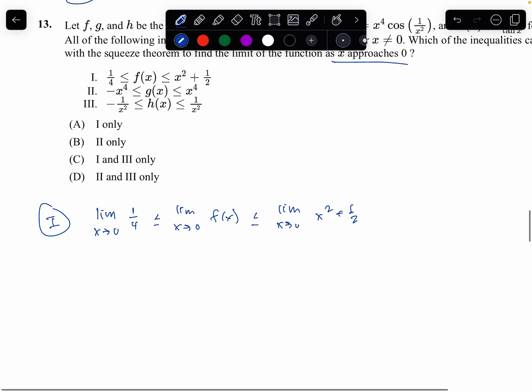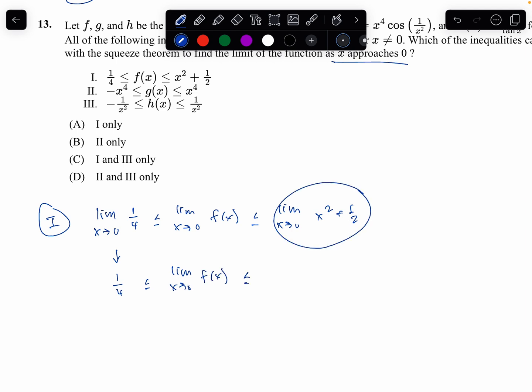So we know that this limit right here is 1/4. It has to be less than or equal to the limit as x approaches 0 of f of x, which has to be less than or equal to, I can evaluate this limit through substitution, that's going to be 1/2. So here they are not the same, so that means I cannot use the squeeze theorem. This is inconclusive.